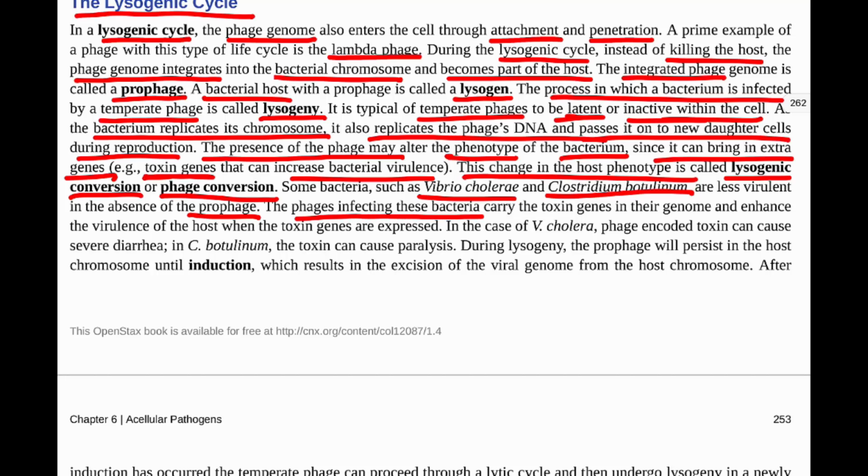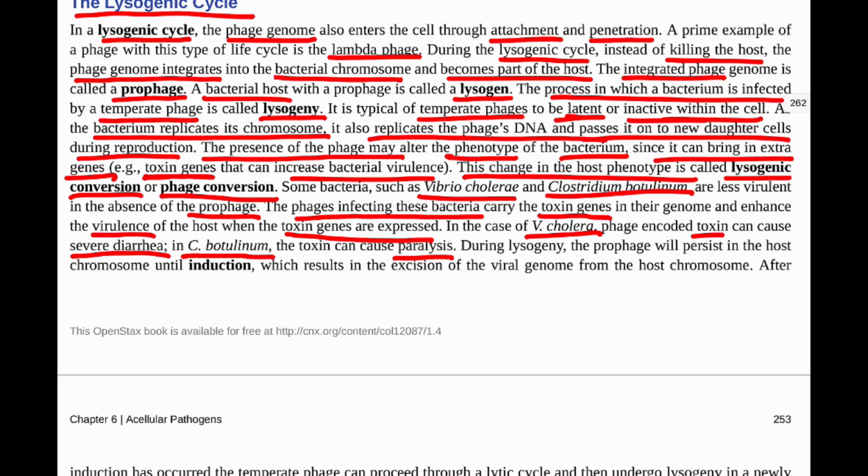In the case of Vibrio cholerae, the phage-encoded toxin can cause severe diarrhea. Whereas before it may not cause diarrhea, in the presence of a prophage, it would. In C. botulinum, the toxin can cause paralysis. So the phage itself is what carries that toxin gene, and once it has integrated itself into that bacterial genome, then it can cause paralysis.